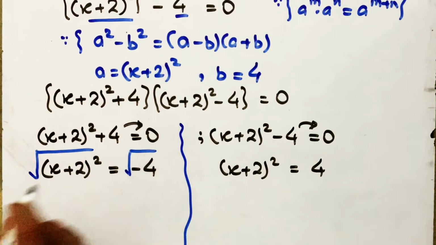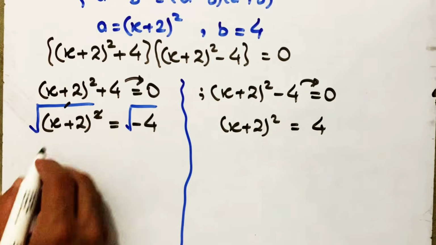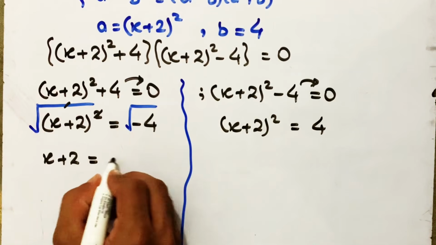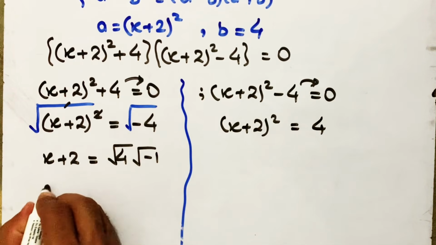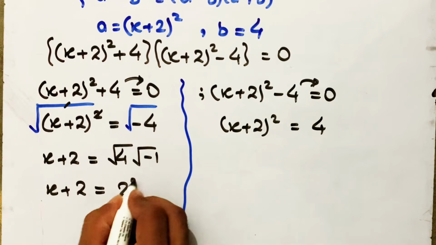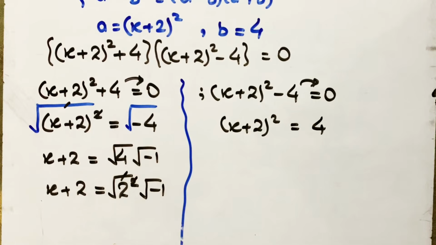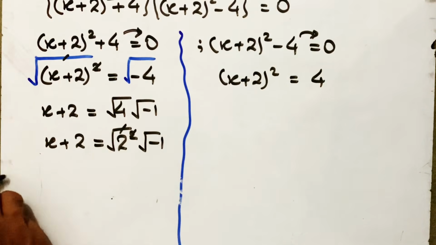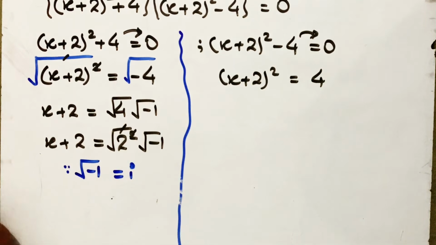The square and square root cancel, so x + 2 equals the square root of 4 and the square root of minus 1. The square root of 4 becomes 2, and the square root of minus 1 is iota.